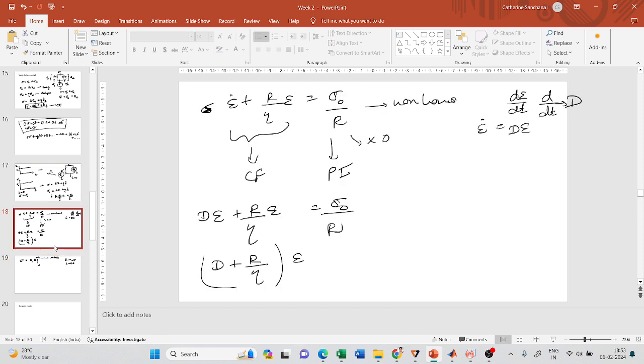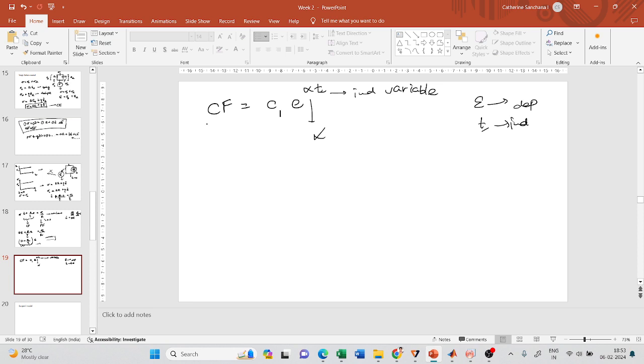Alpha is nothing but the root of this equation. Here you will have three forms: the roots are real and equal, real and unique, or imaginary. Based on that, the equation of the characteristic function will vary.